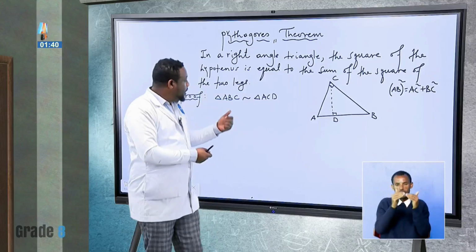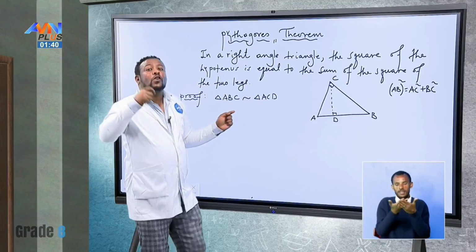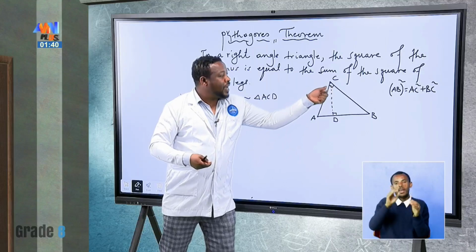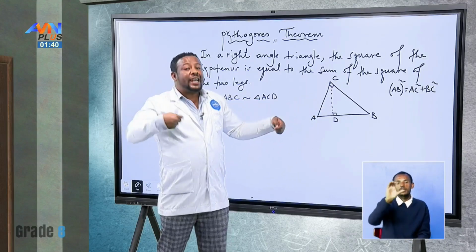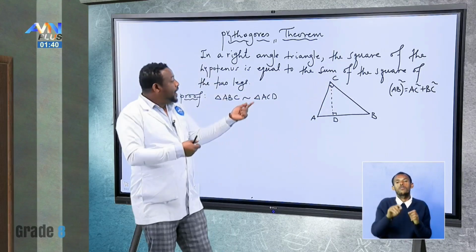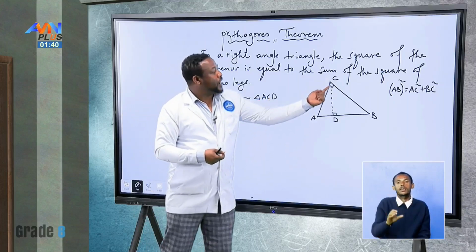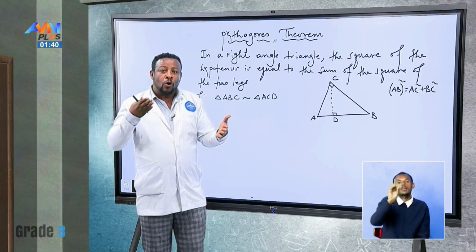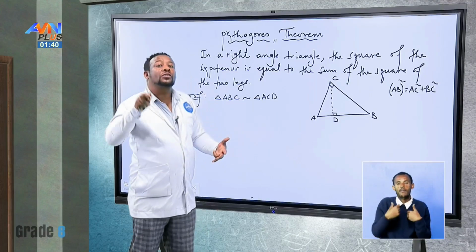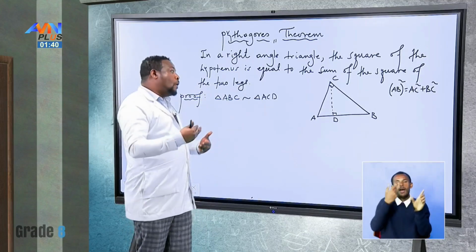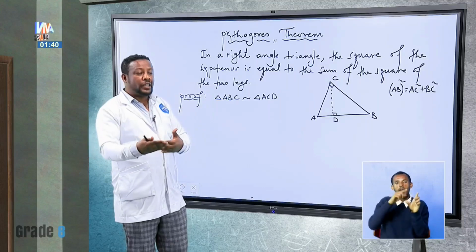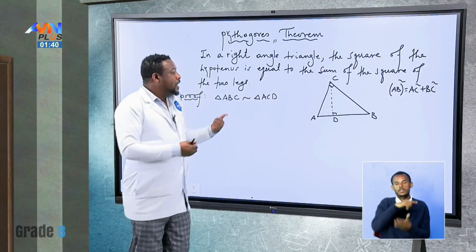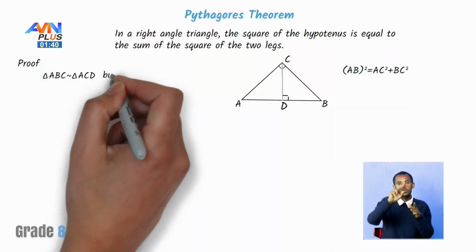The other thing: triangle ABC forms 90 degrees at C, and ACD is also a right triangle forming 90 degrees at D. So they have another congruent angle. Based on angle-angle similarity, these two triangles are similar.